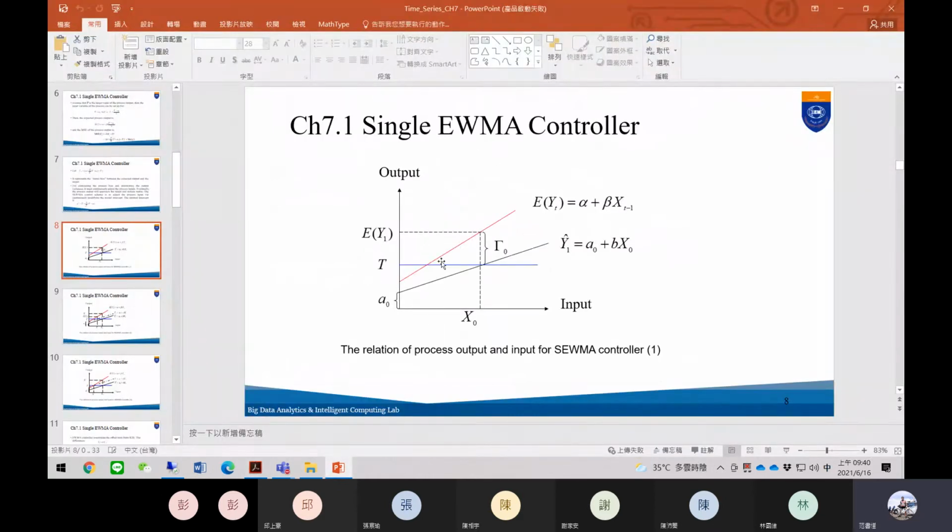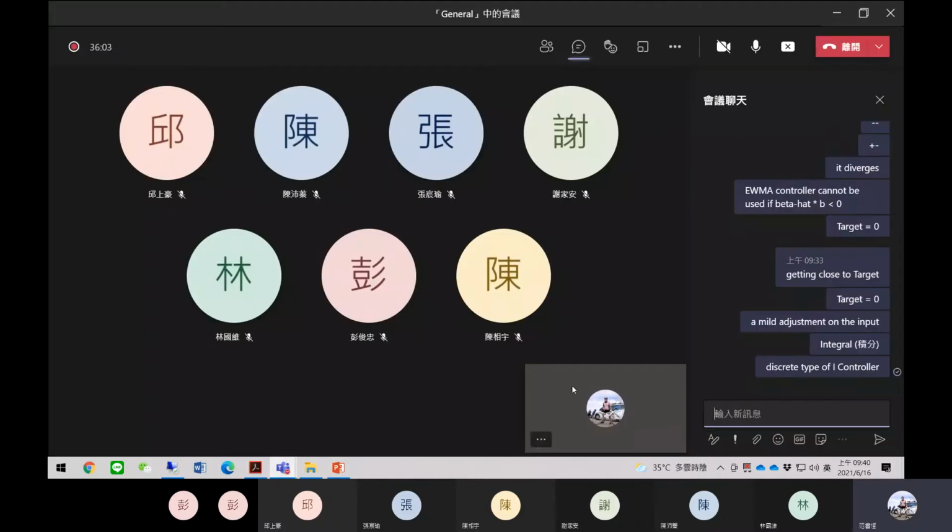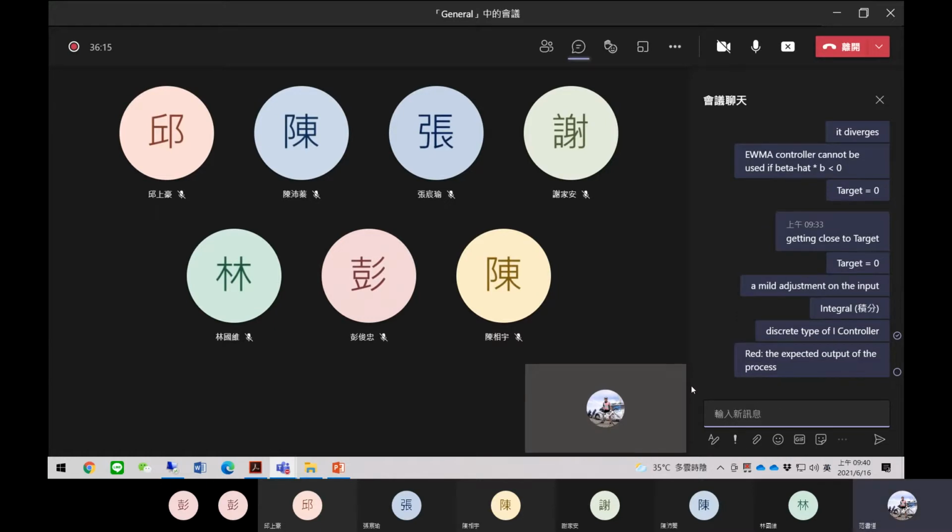The red line is the true expected value of the output of the process. Is this okay? The red line.